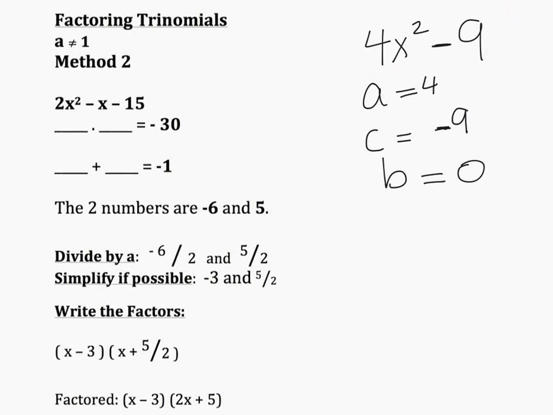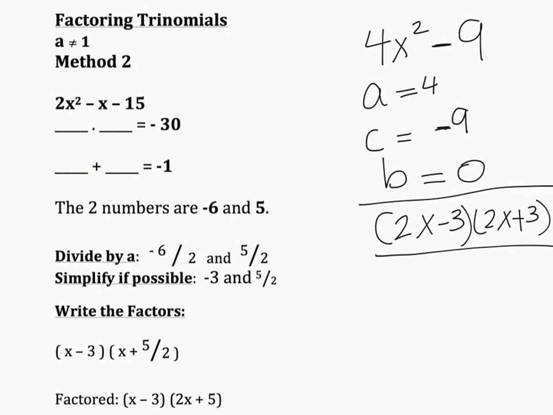However, if you use the difference of two squares, then you can know right away that the two factors are 2x minus 3 and 2x plus 3, and that would be faster if you recognize the pattern. However, if you forgot how to factor using the difference of two squares, you can always use this method or the grouping method.